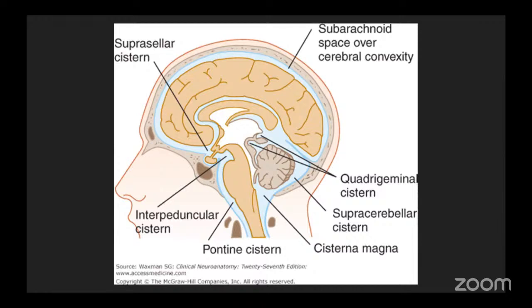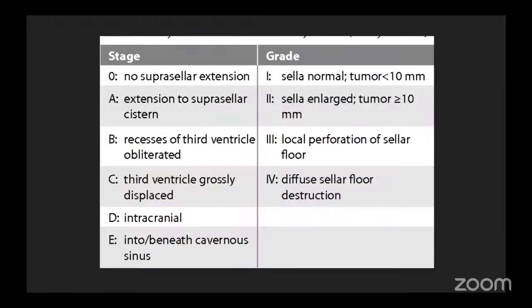They are not amenable to complete resection anymore. So any lateral extension is going to label it as E.